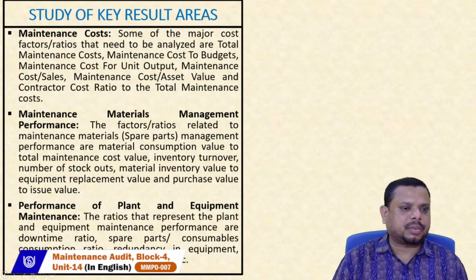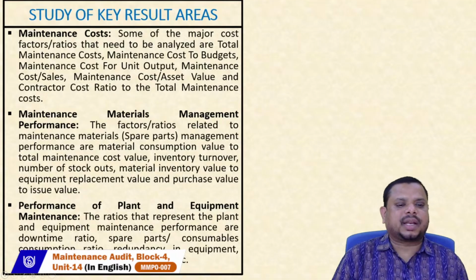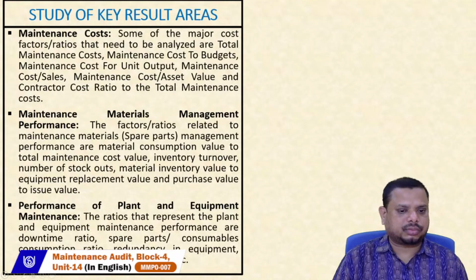The next important part is maintenance material management performance. Here the factor ratios related to maintenance materials like spare parts management performance are material consumption value to total maintenance cost values, inventory turnover, number of stock outs, material inventory value to equipment replacement values, and purchase value to issue values, which are basically analyzed.